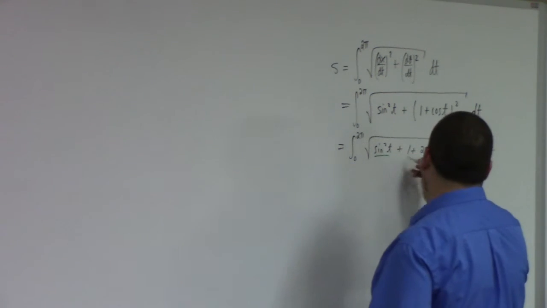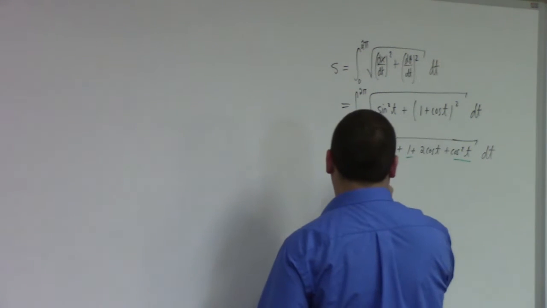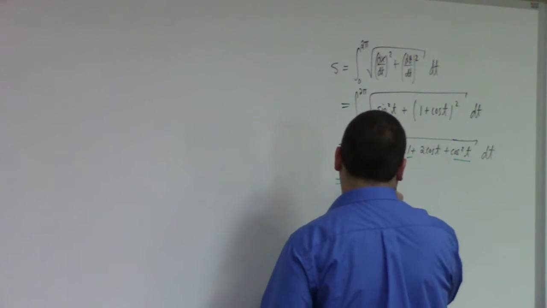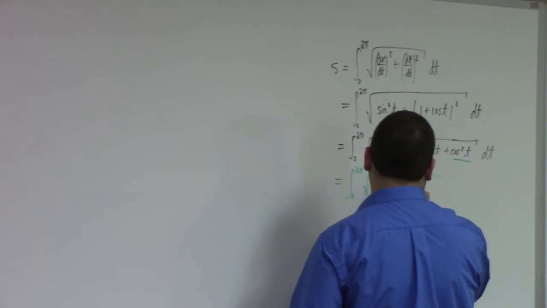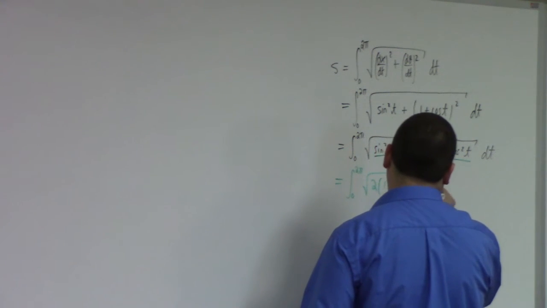We get sine squared plus 1 plus 2 cosine t plus cosine squared. Well, something really nice happens, right? The sine squared plus cosine squared and the 1, these all combine together to give you what? Yeah, we get the integral from 0 to 2 pi of the square root of 2 times 1 plus cosine t. I'll just factor out the 2.